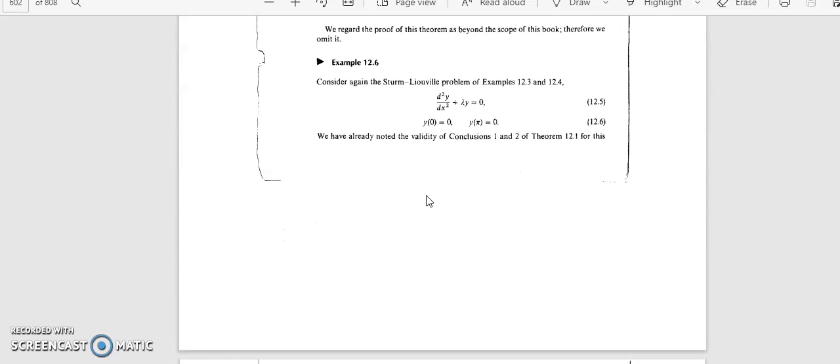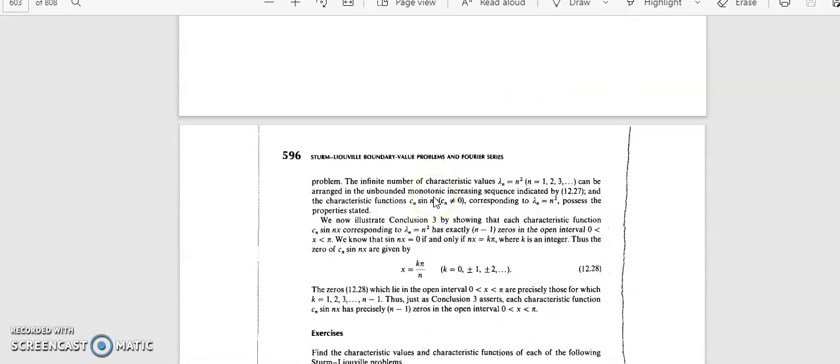Okay. So this is the problem we did at the very beginning. In that problem, the characteristic values were lambda n equal to n square, and the characteristic function we got was cn sin nx. Now we need to find the different roots of cn sin nx.